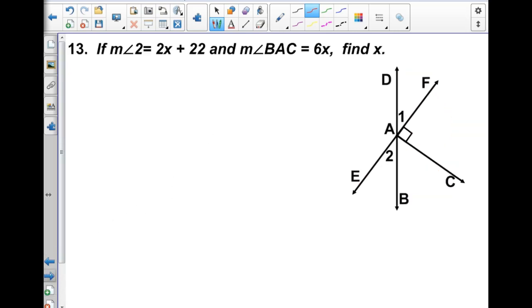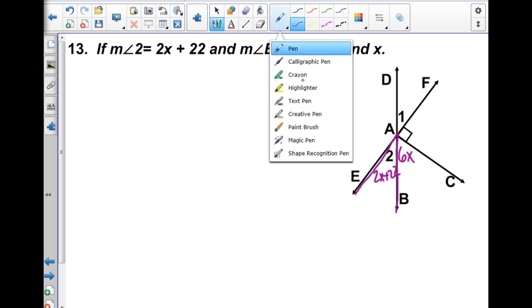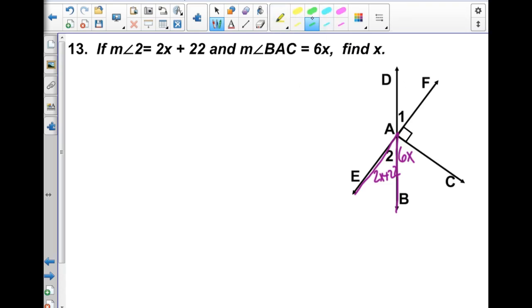Now I think we're using this picture again with some new information. We are. The measure of angle 2 is 2x plus 22. That's here. And BAC is 6x. That's here. If there's a right angle right here, I'm going to give a hint in case you don't see it right away. That's a straight angle.